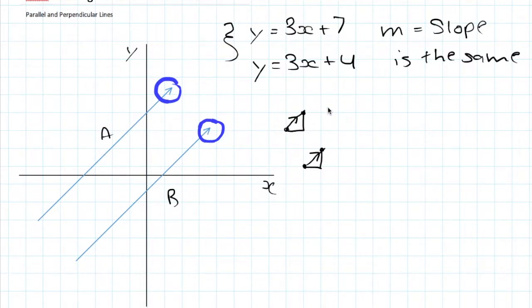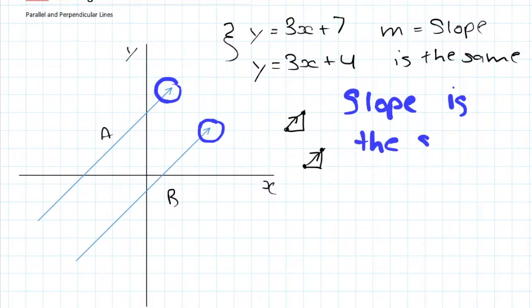So as we now know, for you to know that a line is parallel given the equation of a line, we have to first identify the slope. A general rule for this is that the slope is the same when you're looking at two parallel lines.